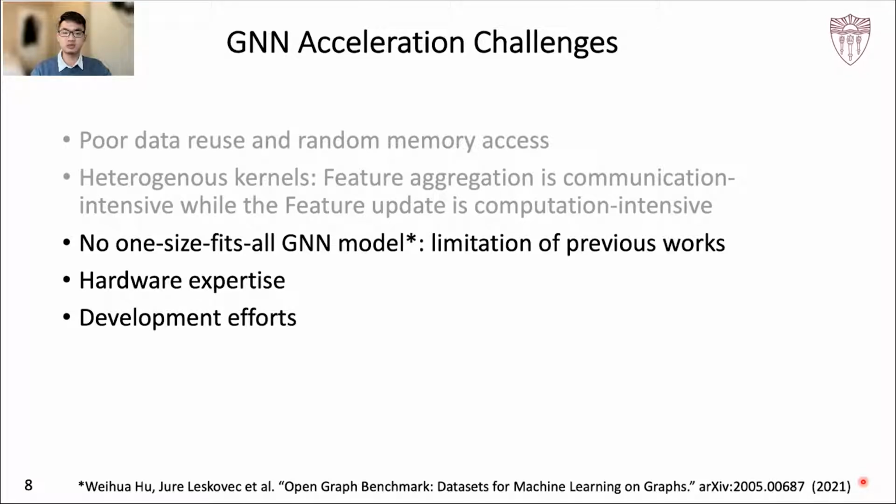This becomes a limitation of previous works, because they either focus on a specific model or a specific sampling algorithm. Also, their optimizations are not applicable to other models. So the problem is, if I want to utilize a model that was not accelerated before, I could not directly utilize these previous works.